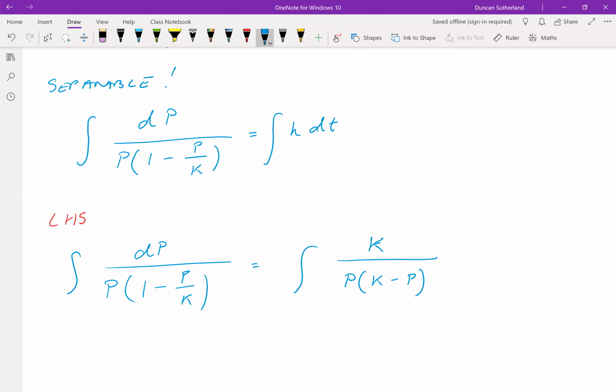That's just by multiplying through by K over K, right?